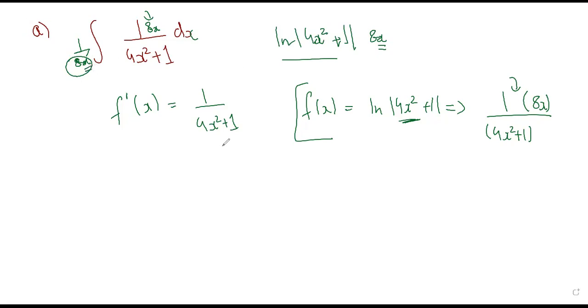So the function would become 8x over 8x into 4x square plus 1. If I integrate this, the integral again would not be ln. In fact, things have become even more complicated in the denominator.